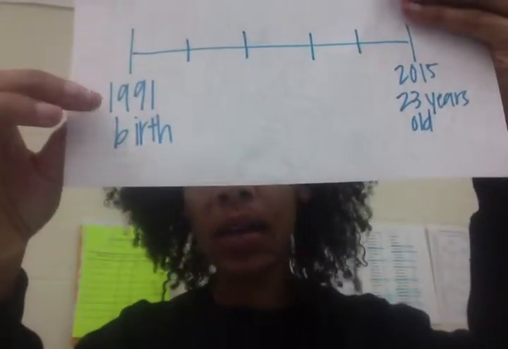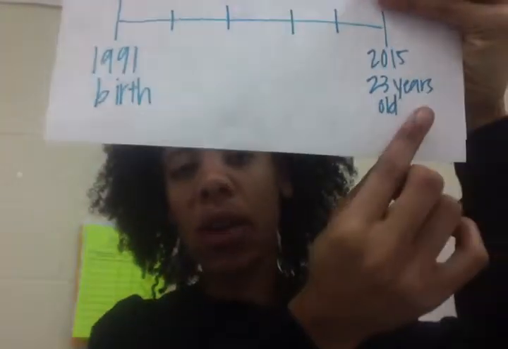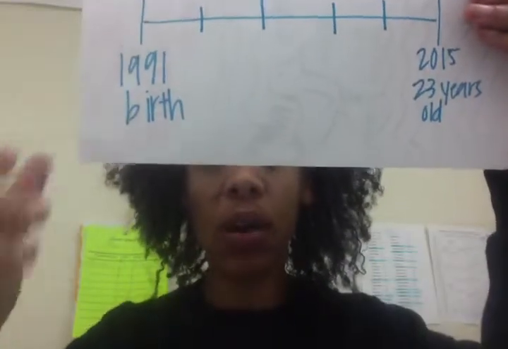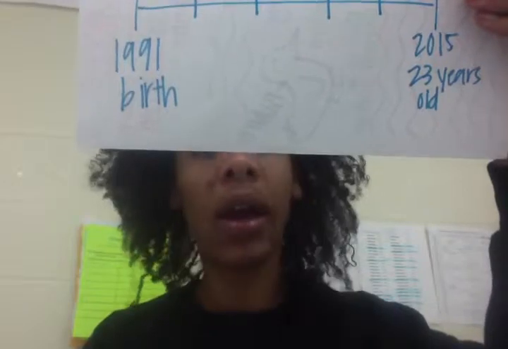I put 1991 to begin my timeline to 2015, which is today's year, and where I'm 23 years old. In 1991, you see it says birth. That's when I was born. Now, in 2015, I'm 23 years old, soon to be 24.